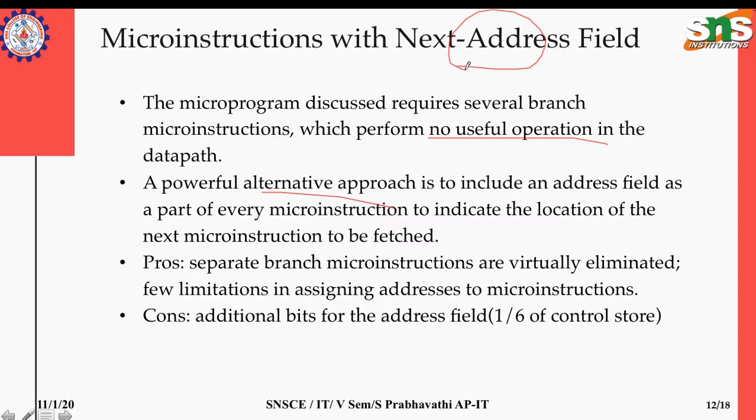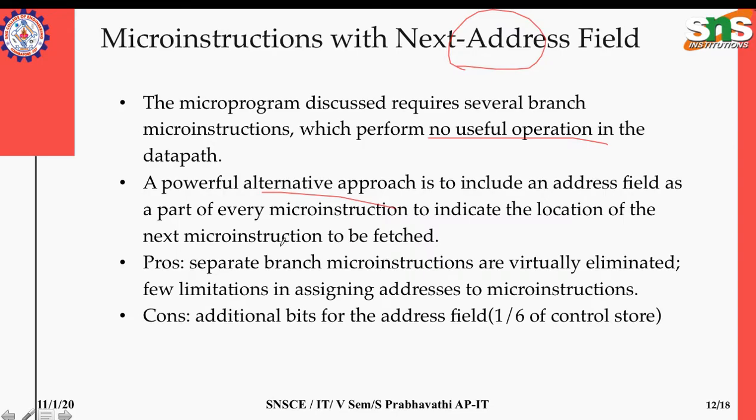Instead, the disadvantage we have seen in the flowchart is that no useful operation is performed; it keeps on identifying the right branch, is it not? So the alternate approach is that the instruction register will have the address of the next instruction to be fetched.